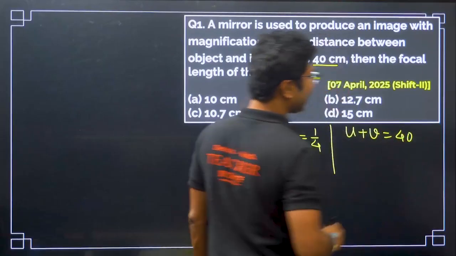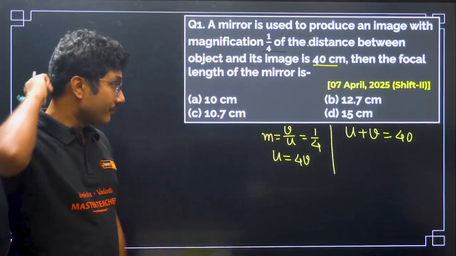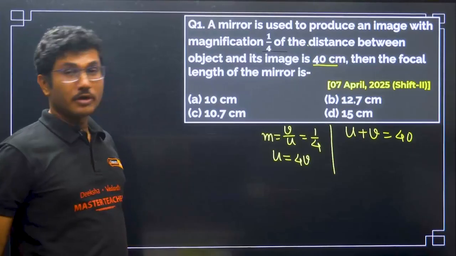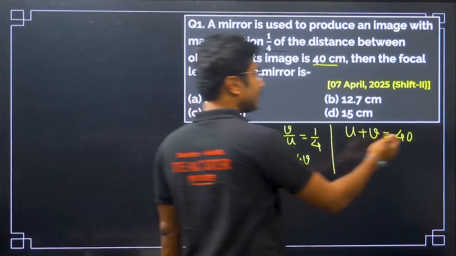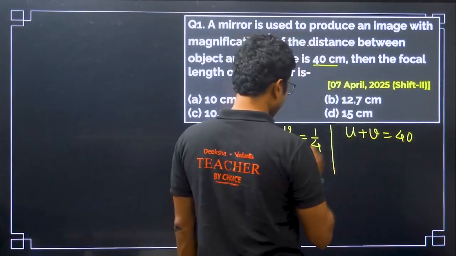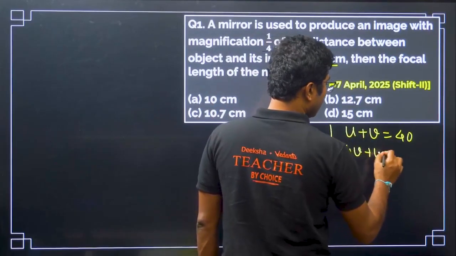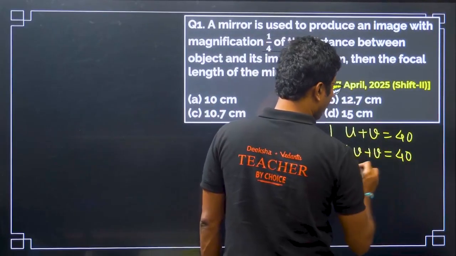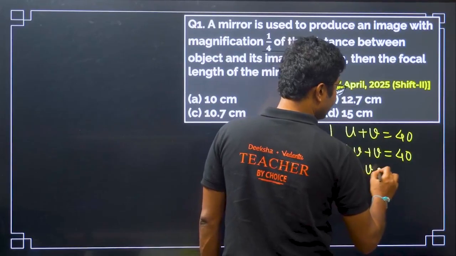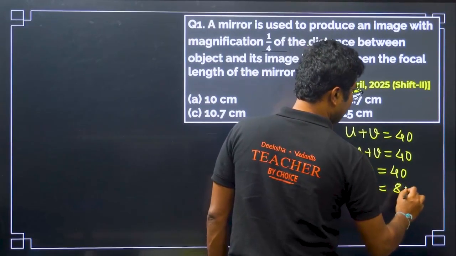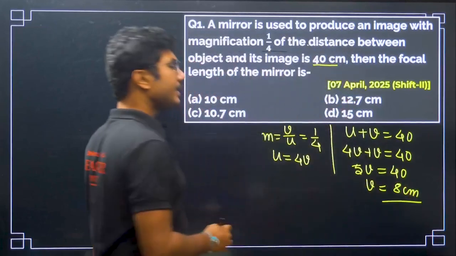Here no sign comes because it is the total distance between the object and image, so we do not need to use sign over here. So let's put the value of U, which is 4V plus V equals 40, or 5V equals 40, or V equals 8 centimeter. So V is 8 centimeter.